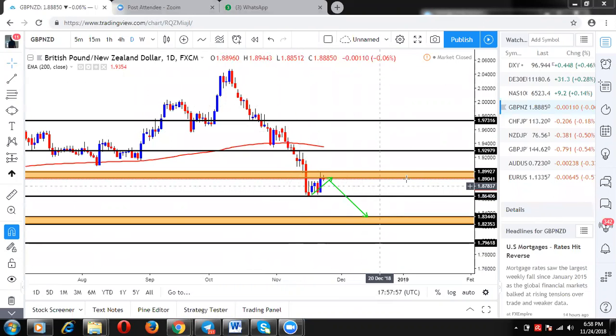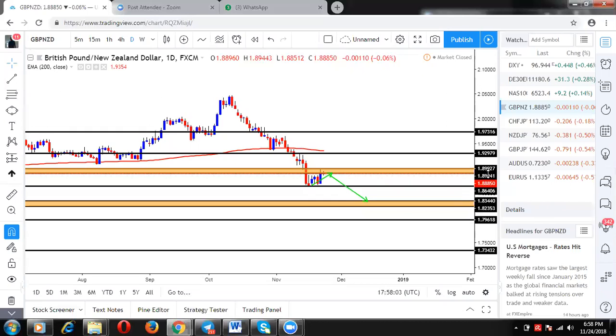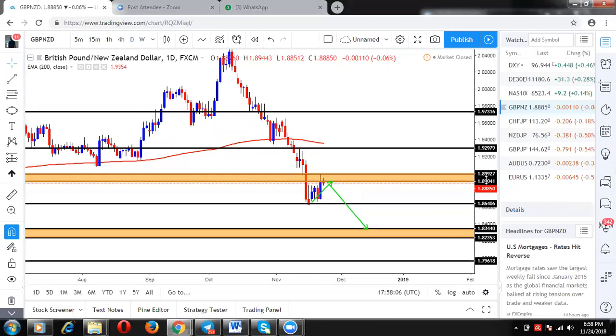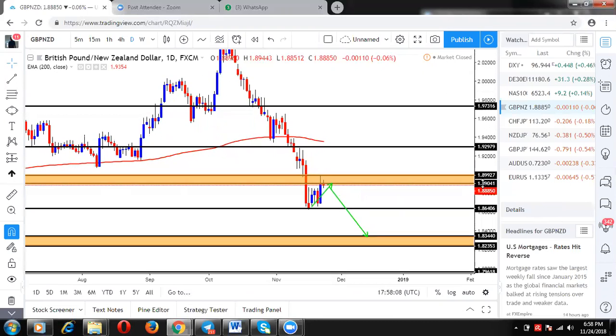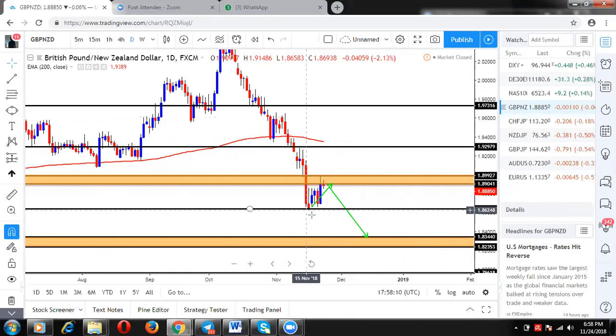Why did I mark two supports? You can mark several supports and several resistances because price moves. Price does not stay in one place. So whenever price breaks one, the next zone I'm going to be looking at to take my trade decision is the second one.